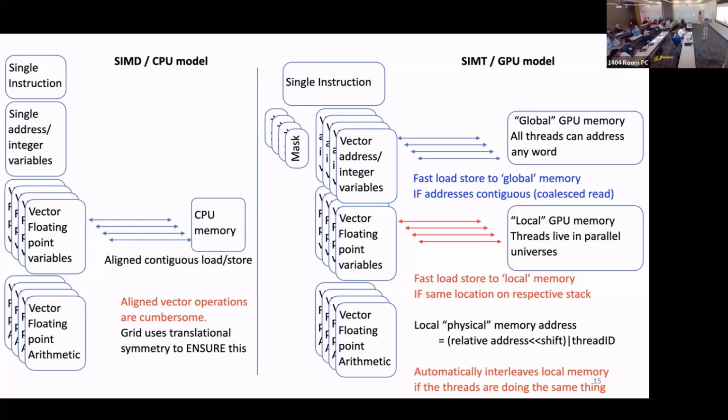If the 32 threads, CUDA threads, controlled by the same instruction fetch are all doing different things, for each thread to make progress by one instruction, you have to execute 32 instructions, right? So you lose a factor of 32 if you don't have the threads doing the same thing at the same time, which is why we need these regular problems for GPUs to be efficient.